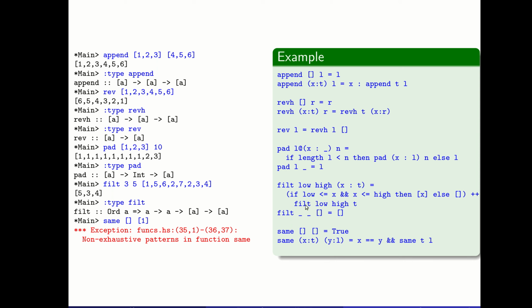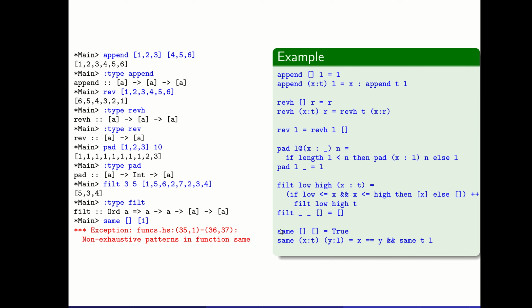But if the list is empty, we don't care what low and high are. We're just going to result in an empty list. So again, that gives us a base case here. And you can see that works just fine. It takes two ordering variables there and some list of that same type, and it results in a list of that same type.